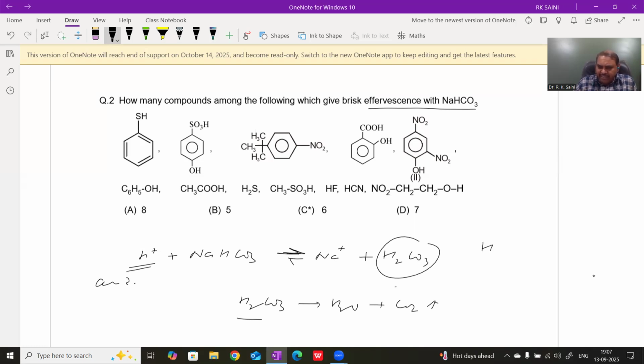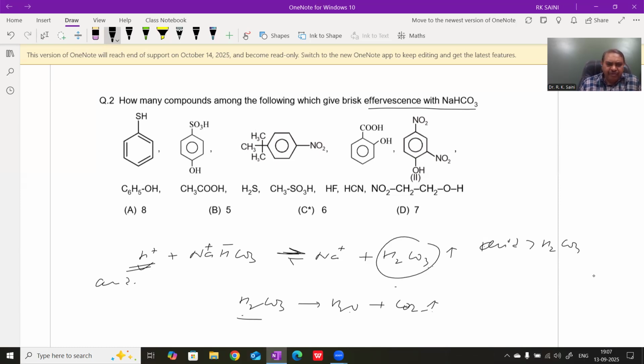It means when the given acid is stronger than carbonic acid, then such acids react with sodium bicarbonate and make H2CO3, or they give brisk effervescence of CO2 because the carbonic acid dissociates into water and CO2. Now check.